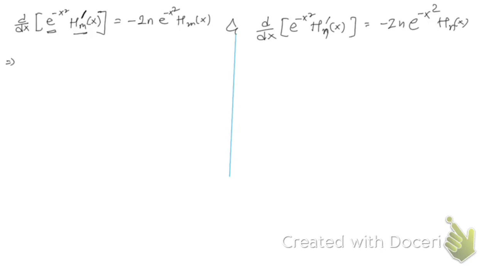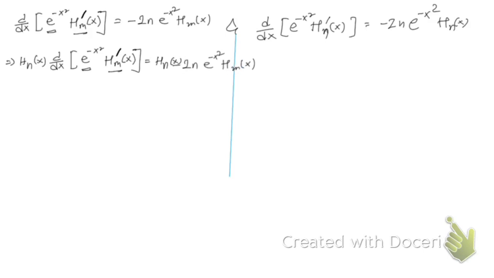Okay, what are we going to do here? Let me multiply Hn of x on the right hand side as well as the left hand side. So then what we're going to have is Hn of x, then here we're going to get this. Let me write this one properly, just give me a second.